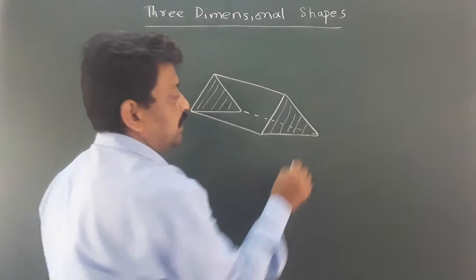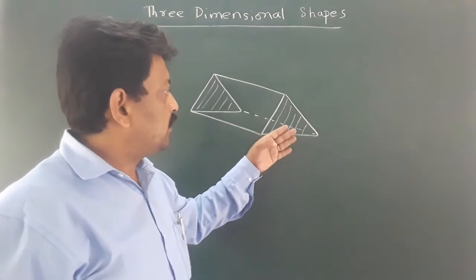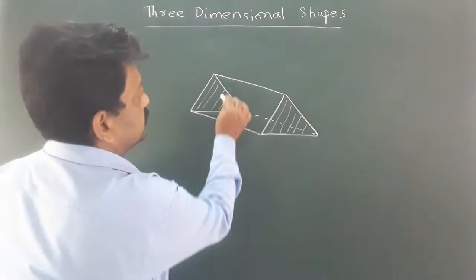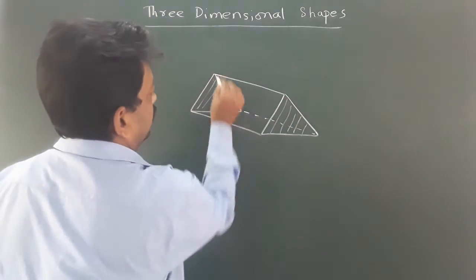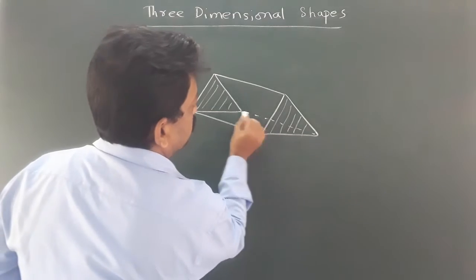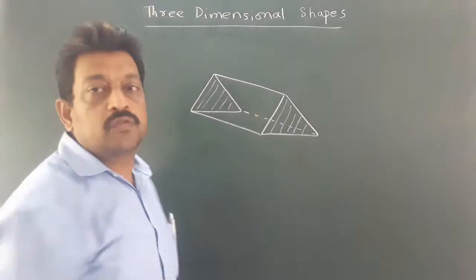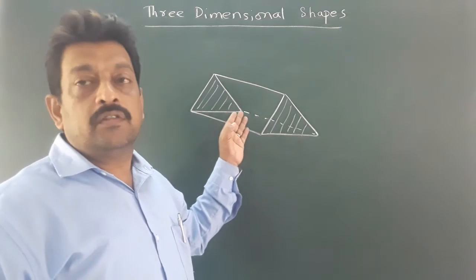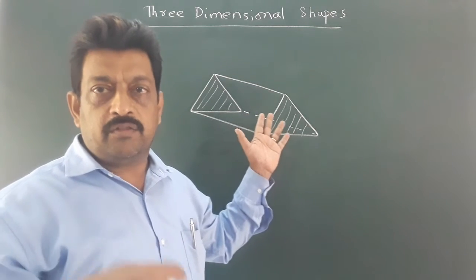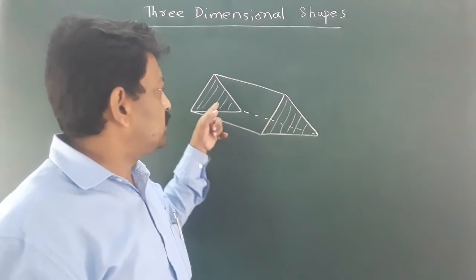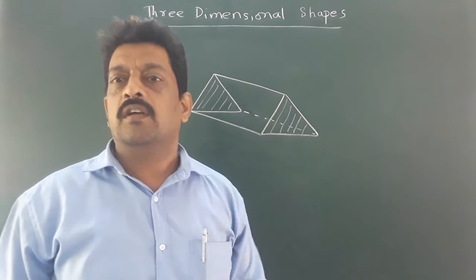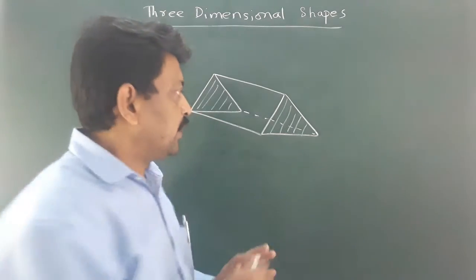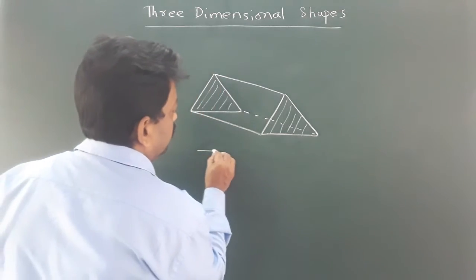These are triangles, and this triangle plane is parallel to the other, and the side faces, as you can see, are rectangles. The bottom one is also a rectangle, the back side is also a rectangle. So this is also a prism, and the prism is named according to the shape of the face. Here the face is a triangle, so this is known as triangular prism. Yes, triangular prism. So we can draw this triangular prism in this manner also.